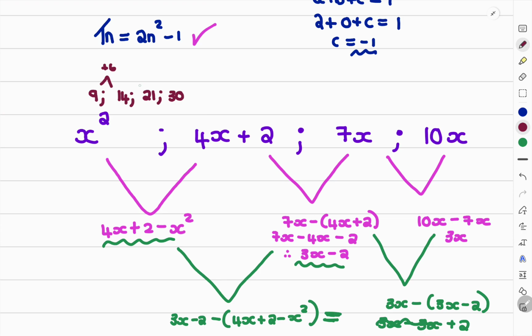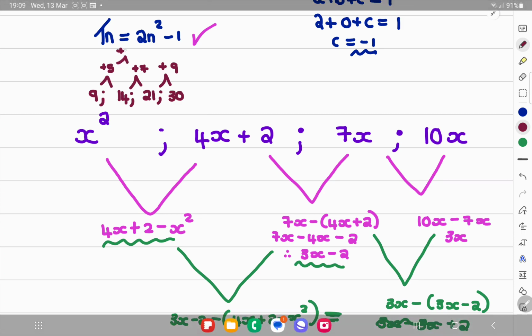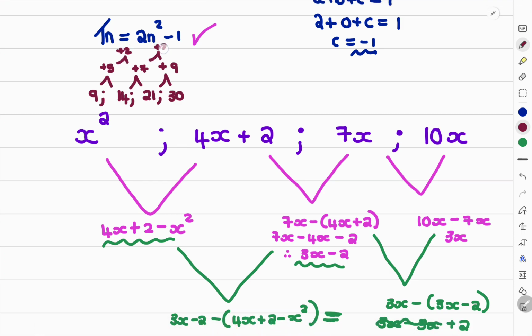We are adding 6, then we are adding 7, then we are adding 9. Oh, sorry, this is not 6. It's a little bit late at night. Okay, so 14 minus 9 is 5. So every time I'm adding another 2, so it works out. You've got your quadratic number pattern.